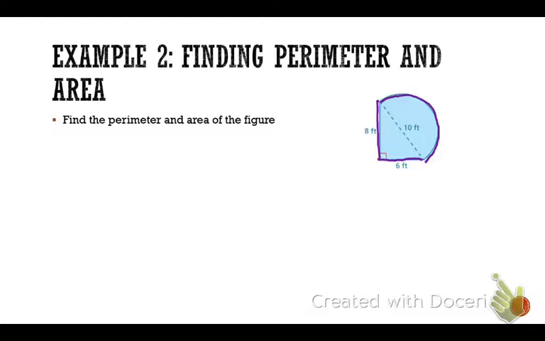All right, so the circumference of the semicircle. Which circumference formula do you think you should use here? Should you use the formula that includes diameter or radius? Which dimension is 10? Is 10 the diameter or the radius? It's the diameter, okay?